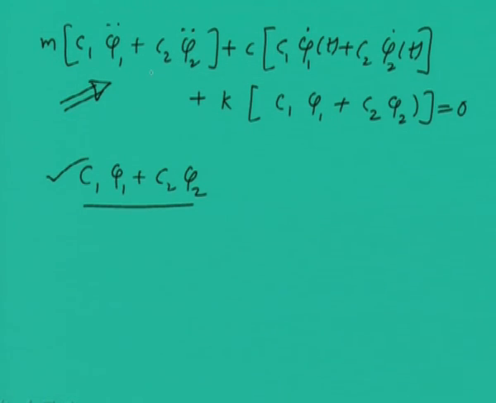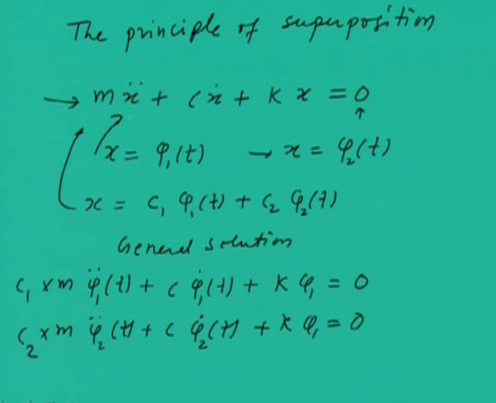This is for the linear system, because you can see that all the terms of x have no power other than 1.